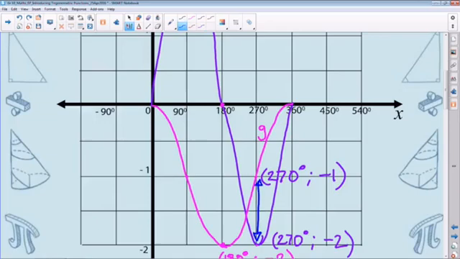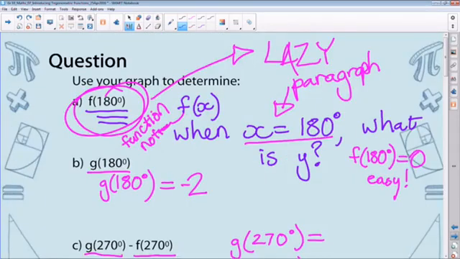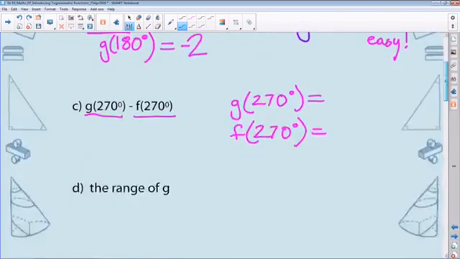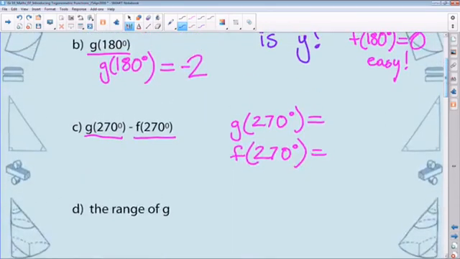But let's do it mathematically. So we've got -2 and -1 as our two answers. So let's write them in. G of x was -1 and f of x was -2. I'm feeling unconfident, so I'm just going to look again. I'm pretty sure I'm right.